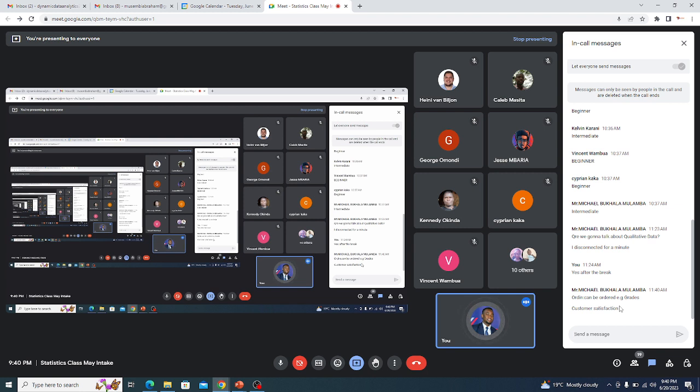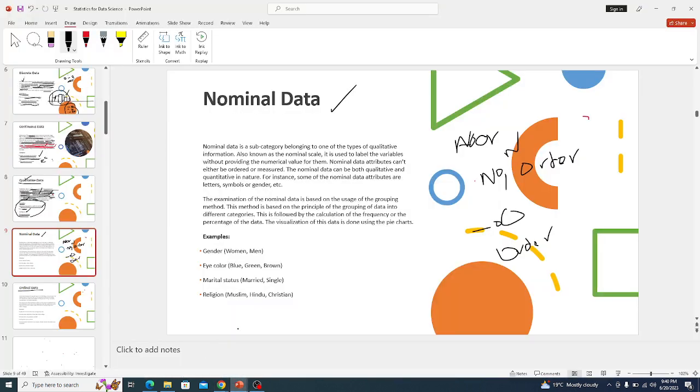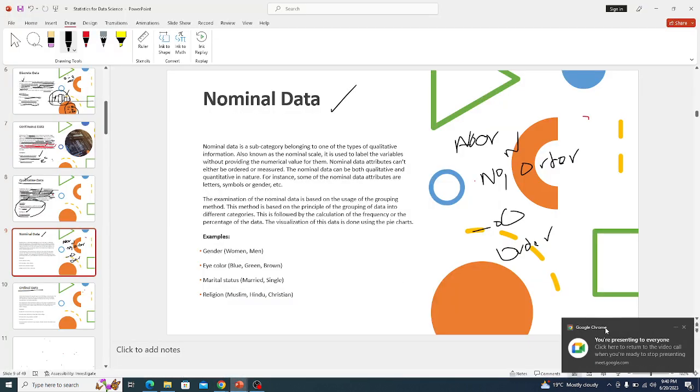There is always some range, not a range, but we have some categories to present customer satisfaction. All right, that is true. Those are the definitions of nominal and ordinal data.